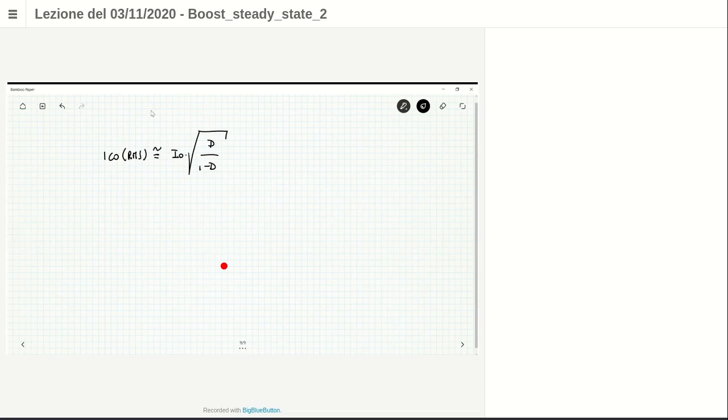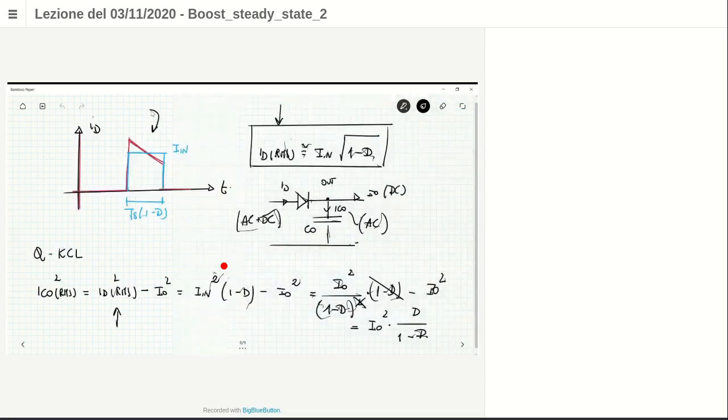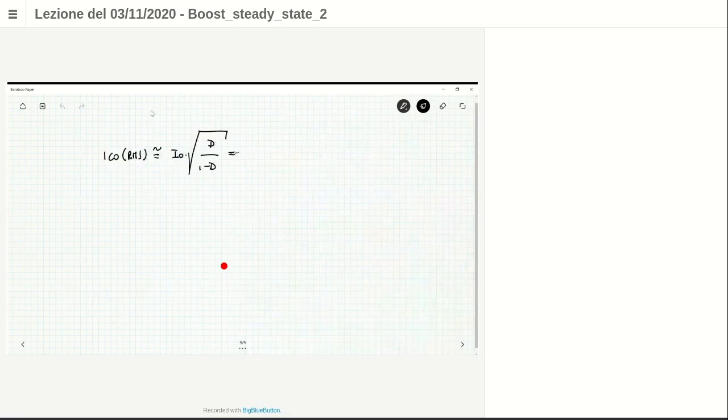Of course, this is just a simplified form because I employed as the root mean square value of the diode current something that I derived in a simplified form with the flat top approximation. This is not an exact formula. I naught can be also derived as V naught over R, and this is the expression for the IC.